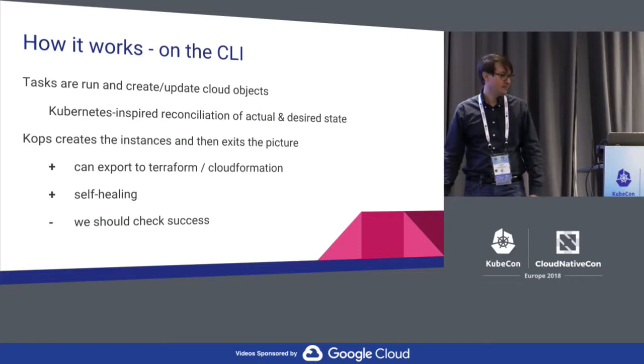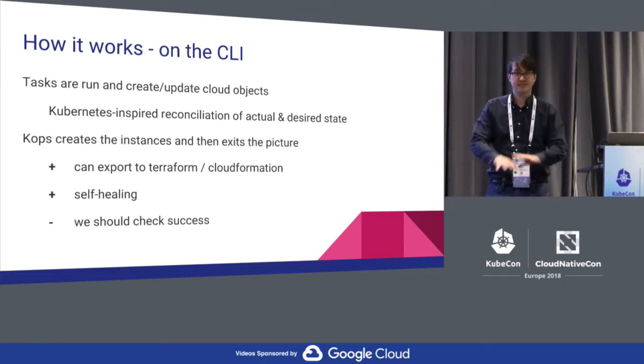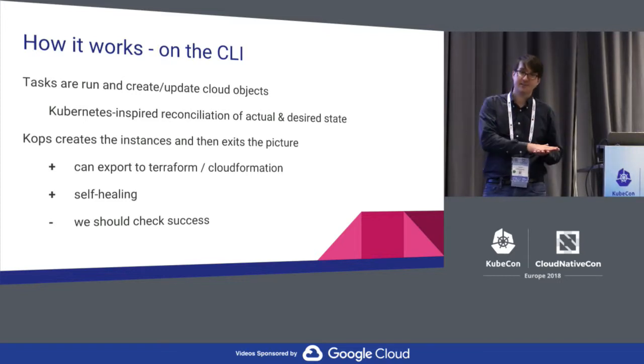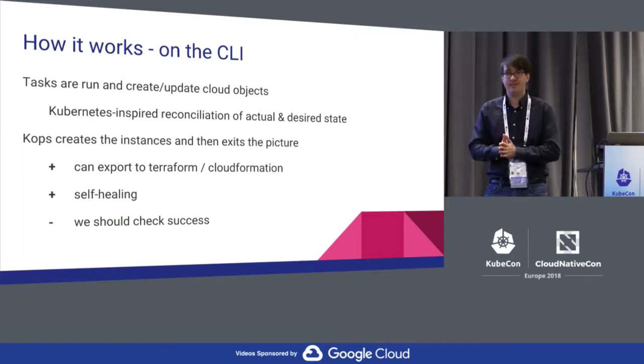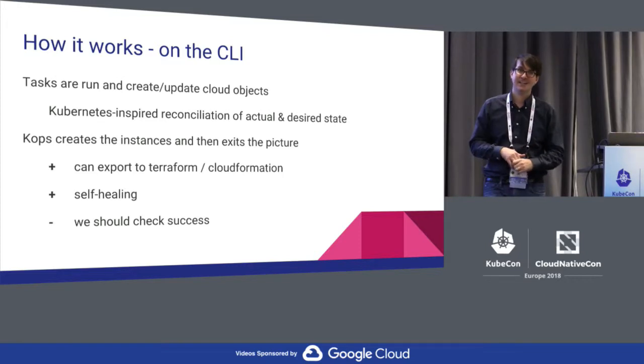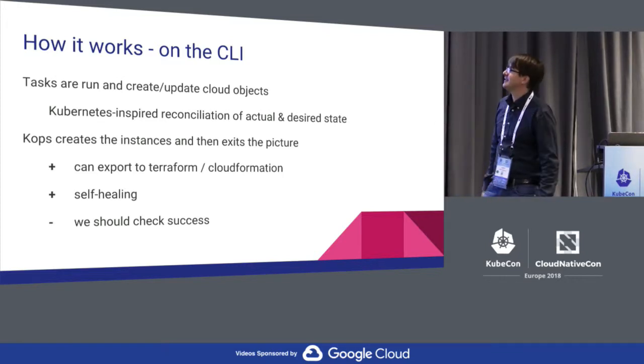One of my favorite party tricks is to turn off all the instances that you have, and on AWS, an auto-scaling group will cause them to relaunch. The same thing on GCE with the managed instance group. So at 3 a.m., when you have a disaster, you're not running the kops CLI tool again, because we're not in the picture anymore.